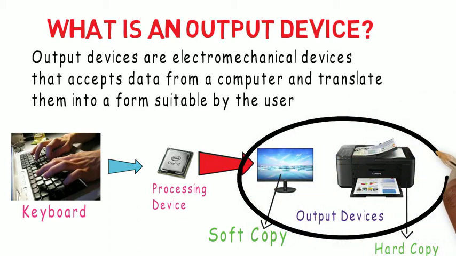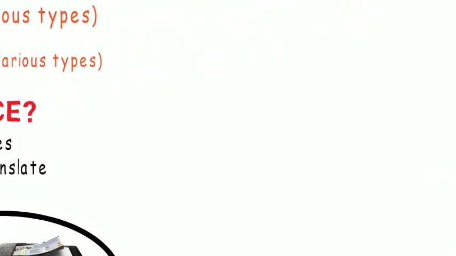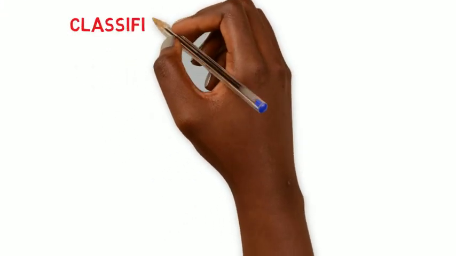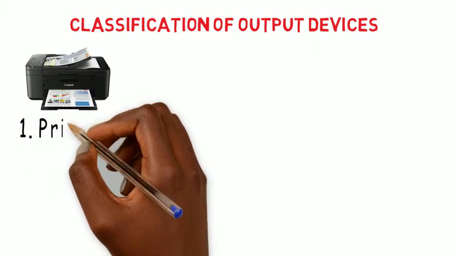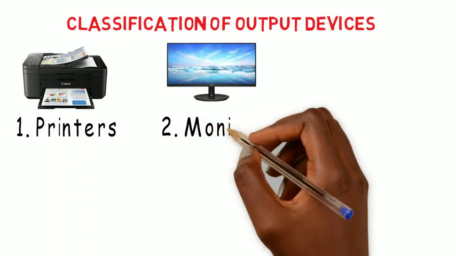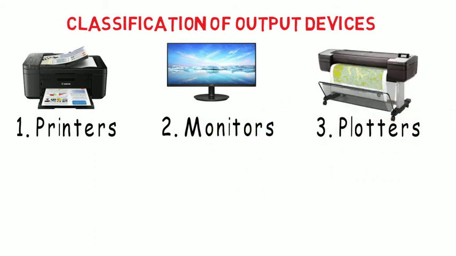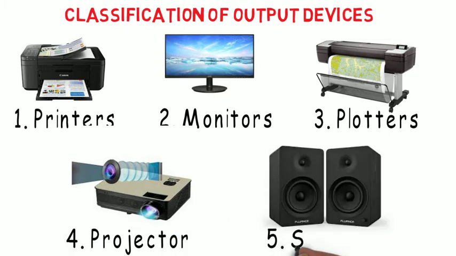With that said and done, let us now dive into our second objective: types of output devices, or better still, the classification of output devices. We have a printer, a monitor, a plotter, a projector, a speaker, just to name a few.